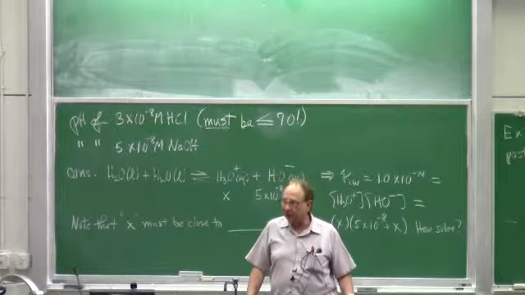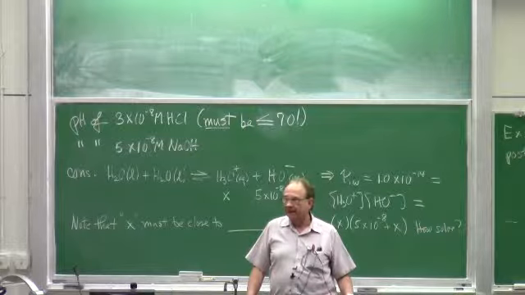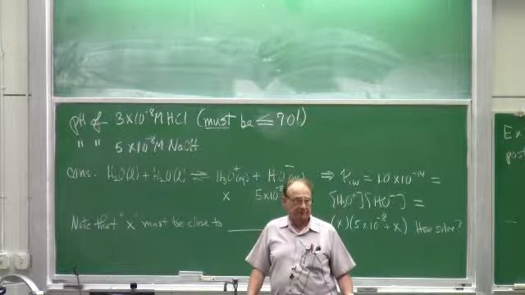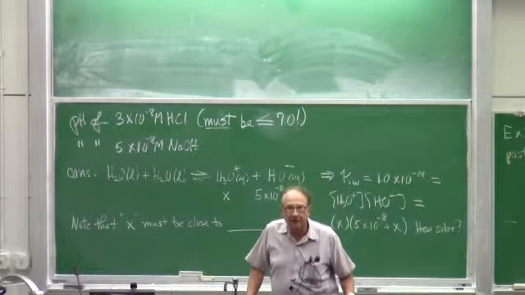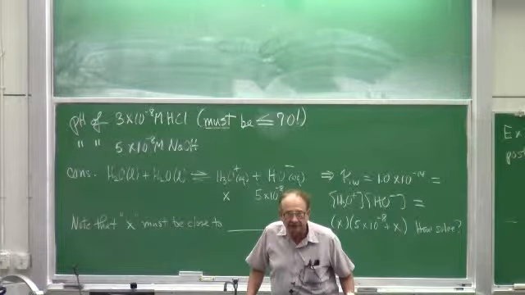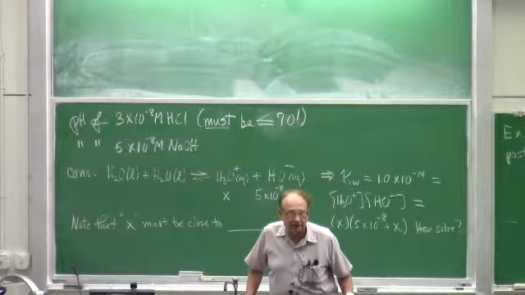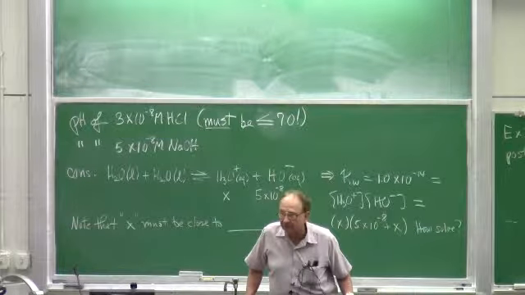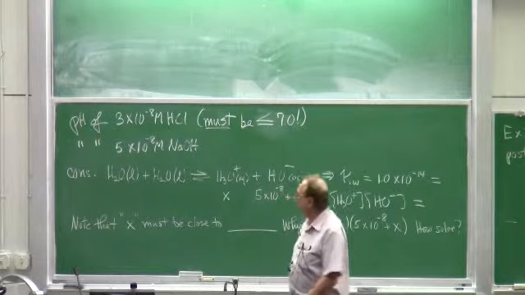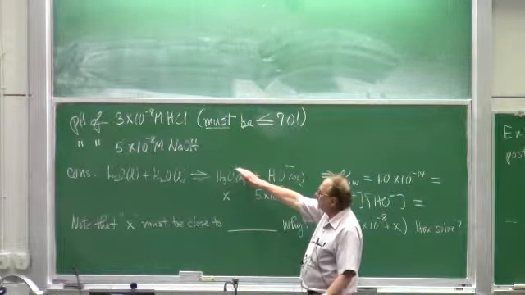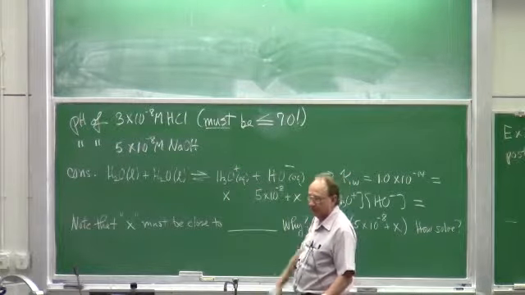So here is the first look at an example of a solution where, in order to get the hydronium ion concentration determined correctly, we have to consider the contribution made to such by the autoionization of water, by the Kw equilibrium expression. So I've done that for 5 times 10 to minus 8 molar sodium hydroxide solution.